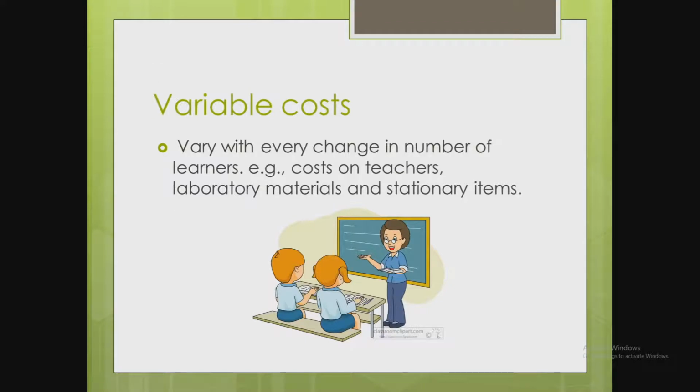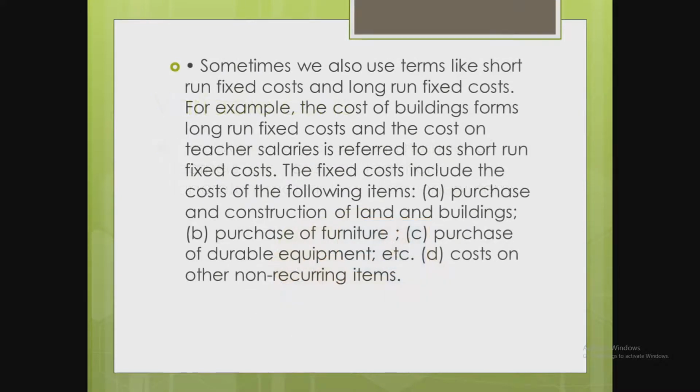Variable costs vary with every change in the number of learners. Examples: cost of teachers, laboratory materials, stationery items. It depends on the quantity of teachers and all that. Sometimes we also use terms like short-run fixed cost or long-run fixed cost.